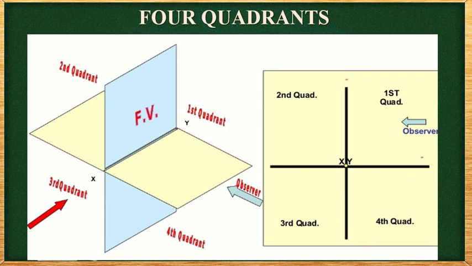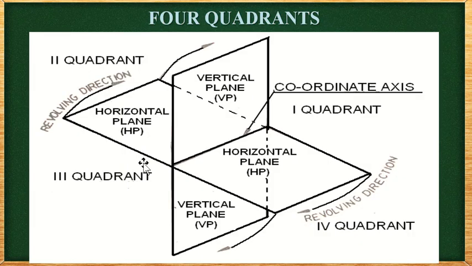So we can look once again at the detailed view of this quadrant concept in a very simple manner. This is called the first quadrant, and this place is called the second quadrant. This is called the third quadrant, and this is called the fourth quadrant. So first quadrant means it is some distance above HP and some distance in front of VP, or the objects are placed above HP and in front of VP.